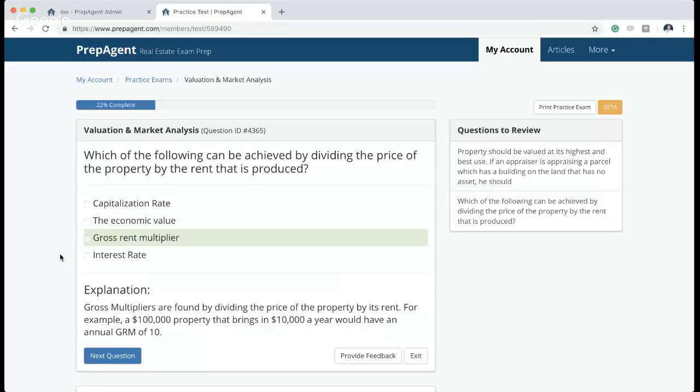Okay, so how do you figure out the gross rent multiplier? What do you guys think? All right, just price divided by rent. Price divided by rent. Excellent.